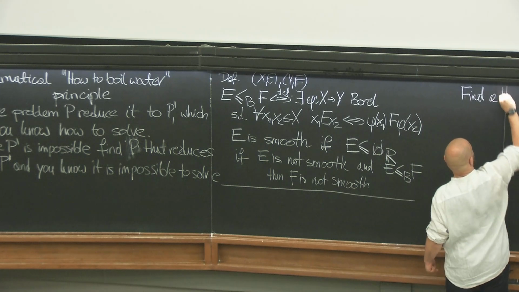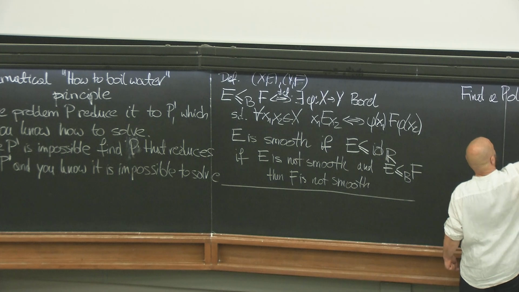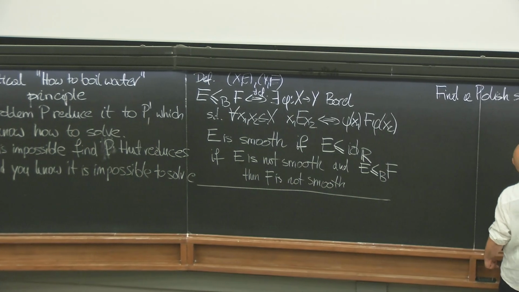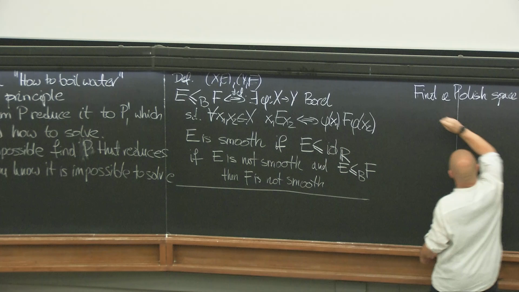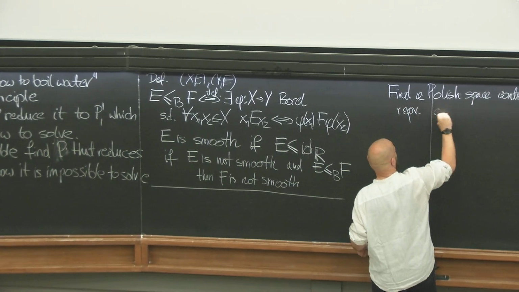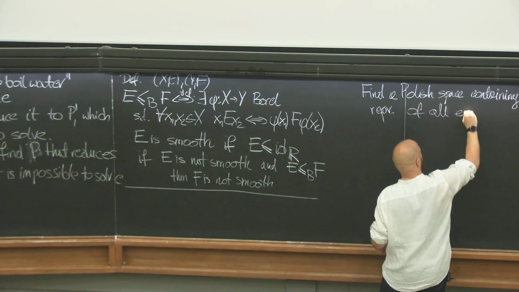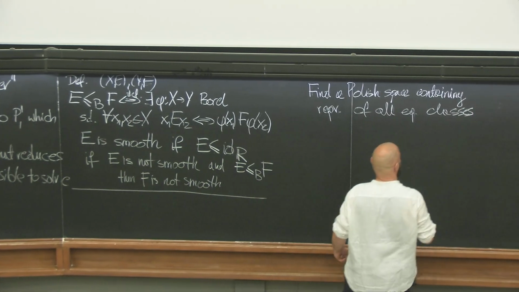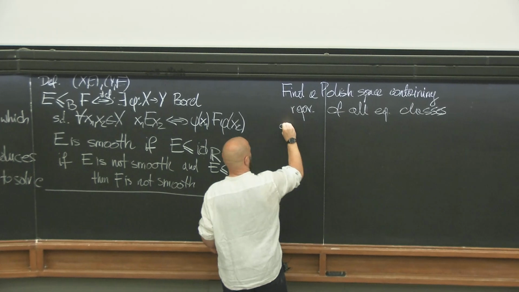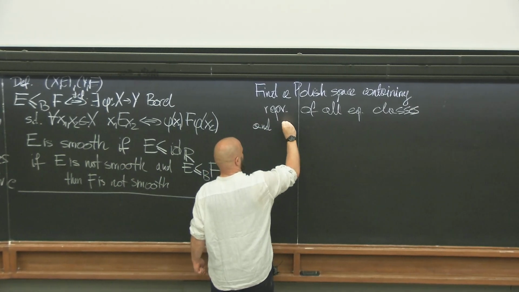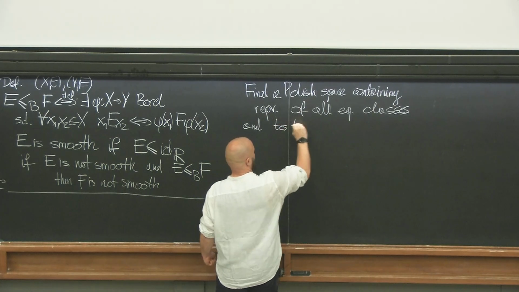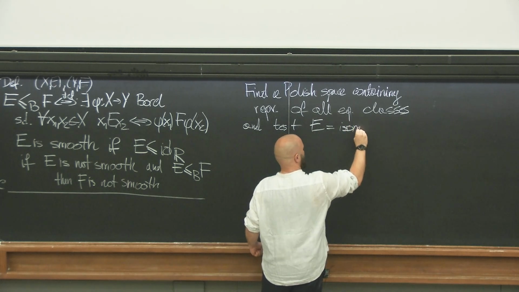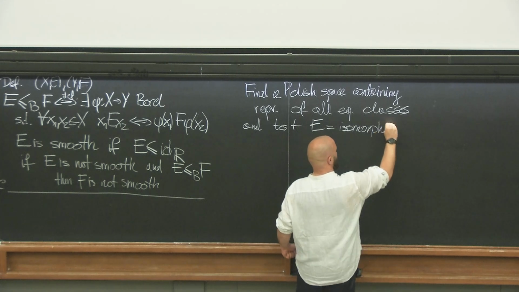Find a Polish space containing representatives of all equivalence classes, and test your equivalence relation, your favorite isomorphism notion.